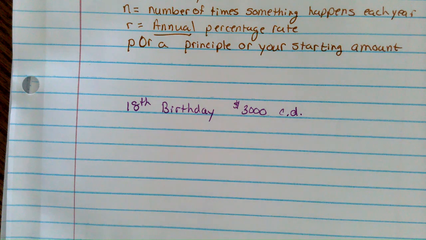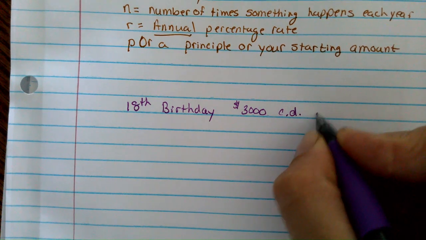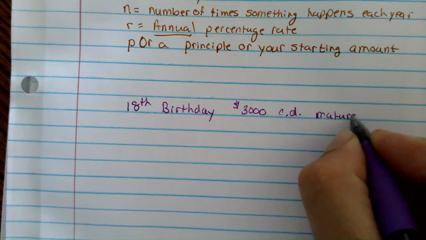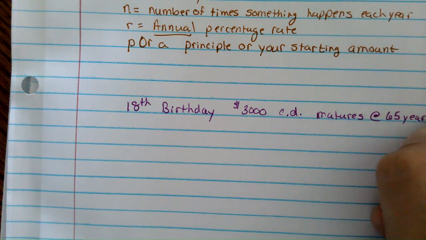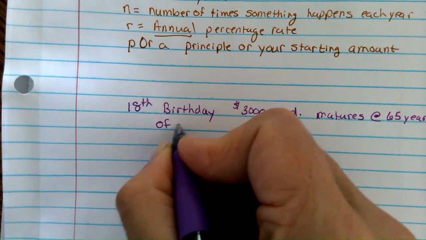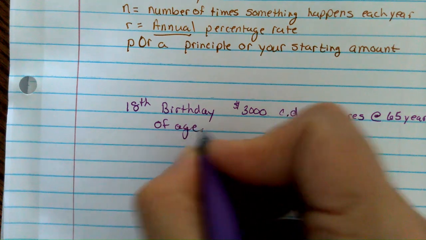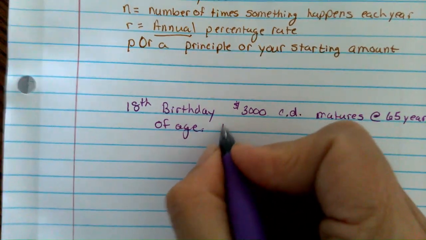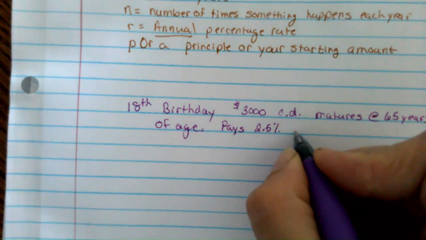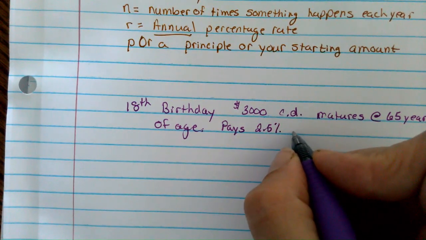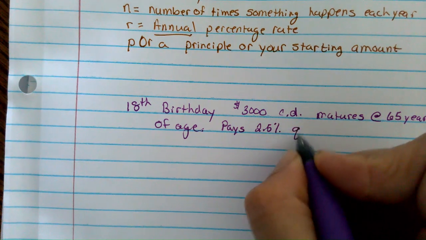However, the CD does not come to maturity until you reach 65 years of age. It does pay 2.5%, and that is going to be quarterly.